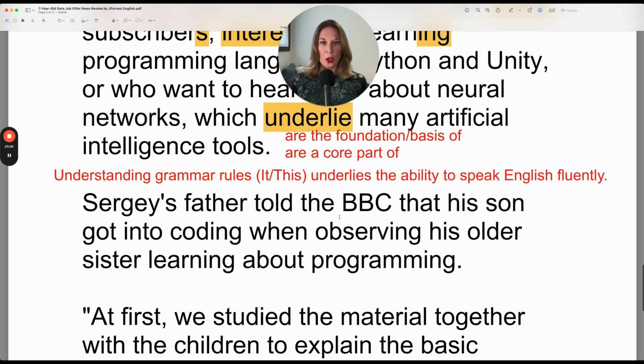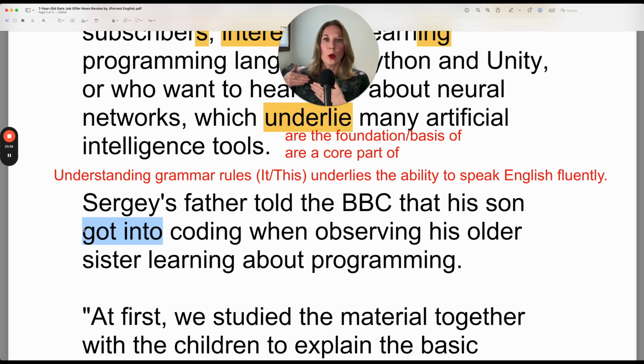Sergey's father told the BBC that his son got into coding. So if you get into something, it means that's when you start your interest in that subject, because we use the verb "get" as a transitional verb. So when you get into something, it's that transition from not being into it, in the sense of not having an interest in it, to being into it, interested in it.